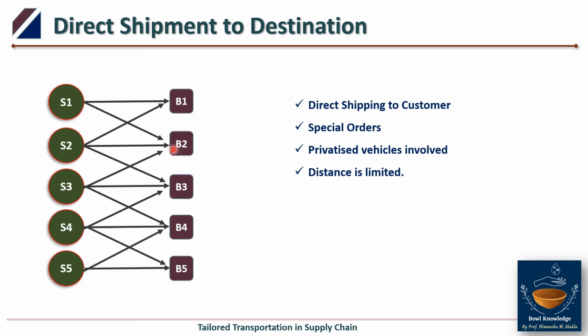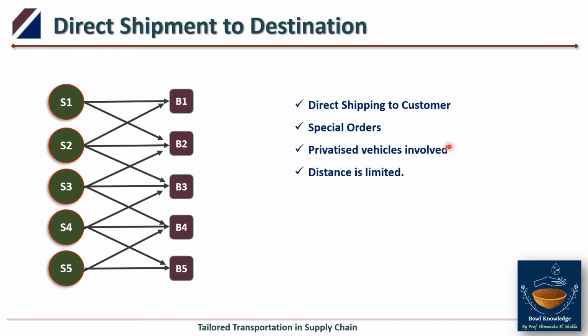But there is no intermediate junction. As you can see in the figure, there is no junction. Once the truck departs from the supplier location, it will reach directly to the buyer location. These are generally in the case of special orders, where privatized vehicles are involved.